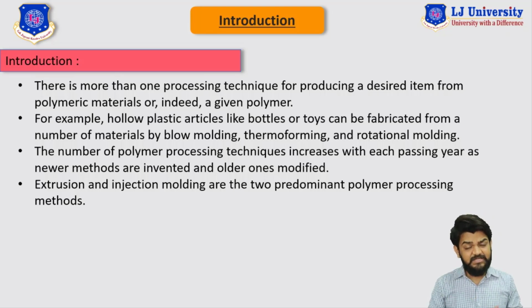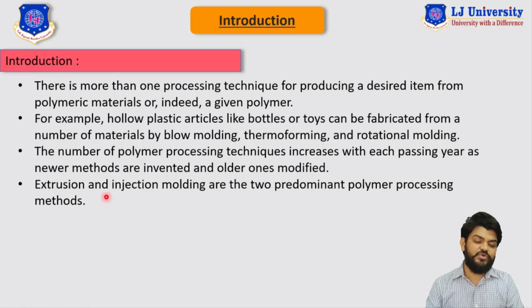These are very research-intensive topics, in which continuous development and modification is taking place in order to replace the older technology with the newer technology. So these are the different techniques that we are going to see throughout this chapter, by which we can convert our raw polymer into the desired polymer, right?